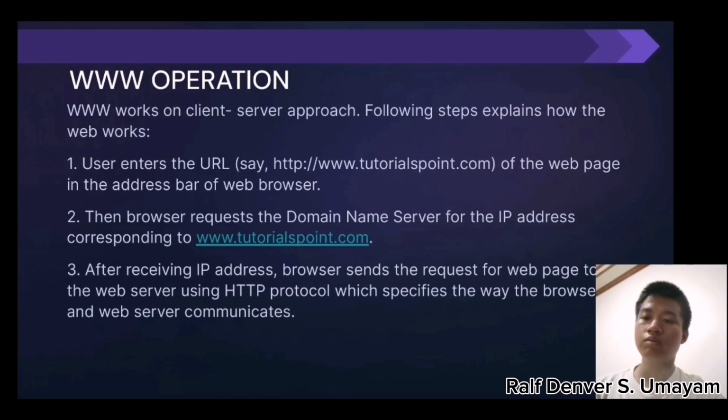Number 2: the browser requests the domain name server for the IP address corresponding to www.tutorialspoint.com. Number 3: after receiving the IP address, the browser sends the request for the web page to the web server using the HTTP protocol, which specifies the way the web browser and the web server communicate.